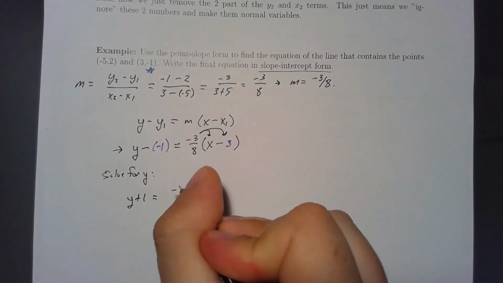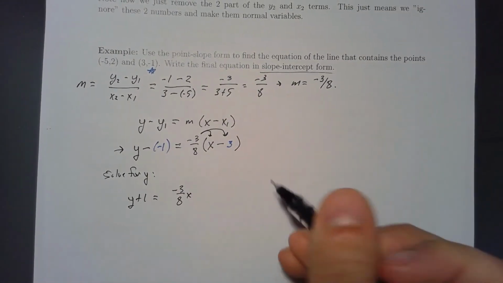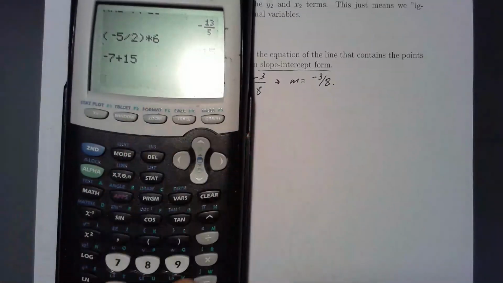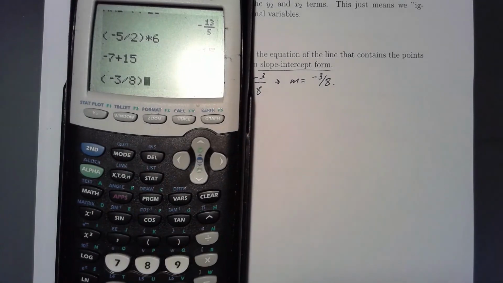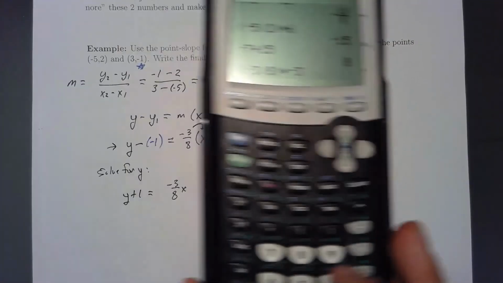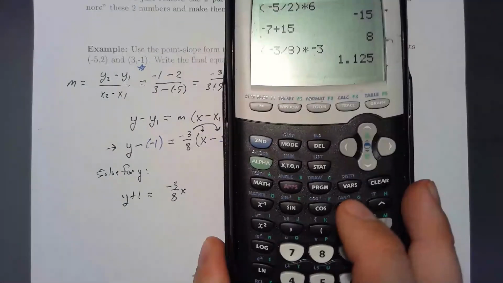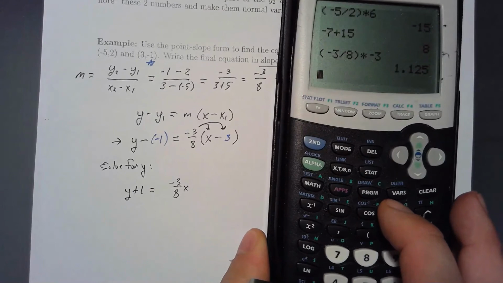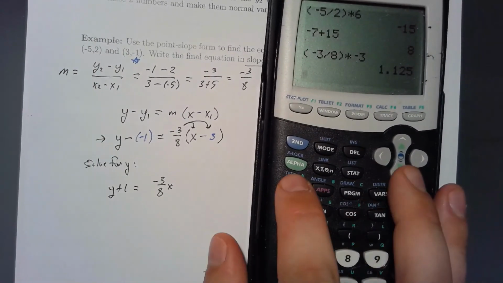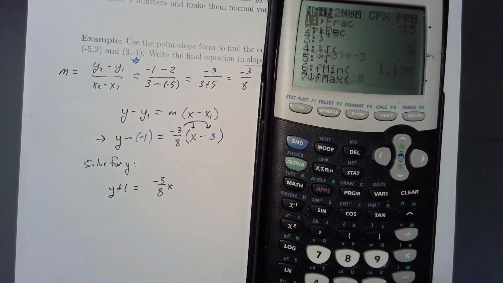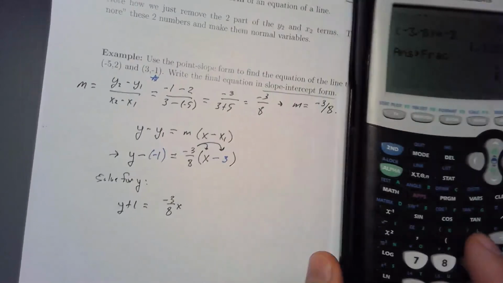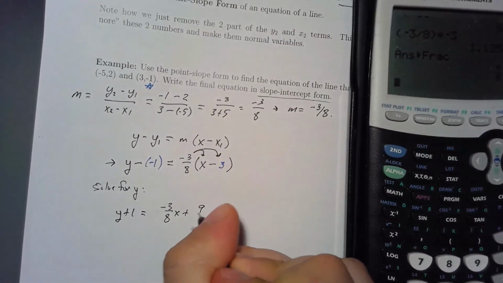So that becomes -3/8 x, and -3/8 times -3, you could use your calculator for that. Now it says 1.125, but remember we like fractions, so go to math, enter again, and you get 9/8. So that's going to be plus 9/8.